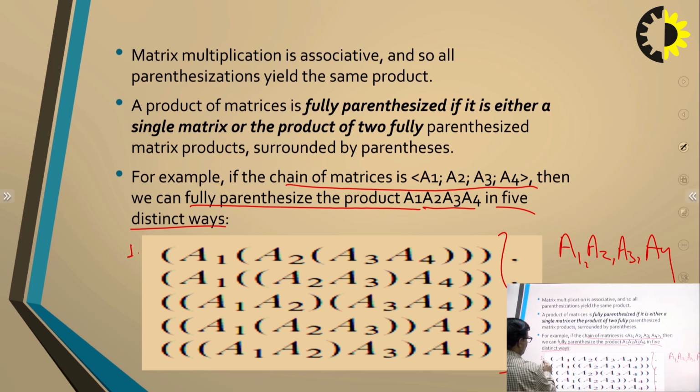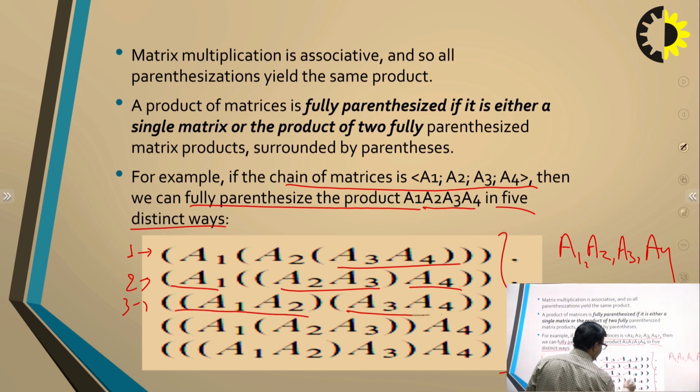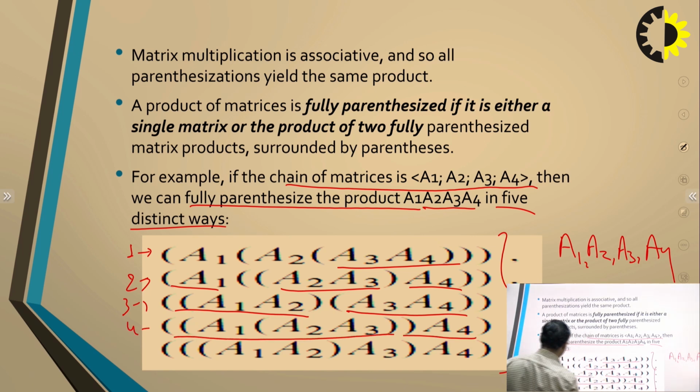First, A1 with the bracket A2, A3, A4. Second, A1, then A2, A3, then A4. Third, A1, A2 multiplied by A3, A4. Fourth and fifth are the remaining parenthesizations.